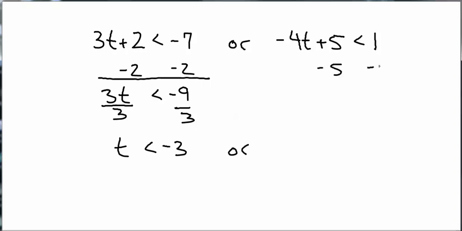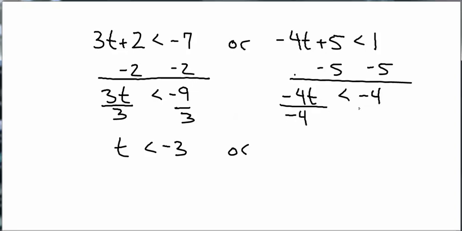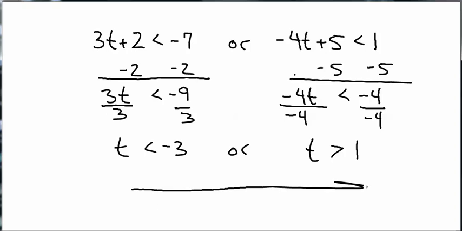Subtract 5. Negative 4t is less than negative 4. Divide by negative 4. T is greater than 1. When you put both of these on the same graph, you got your negative 3 and you got your positive 1.